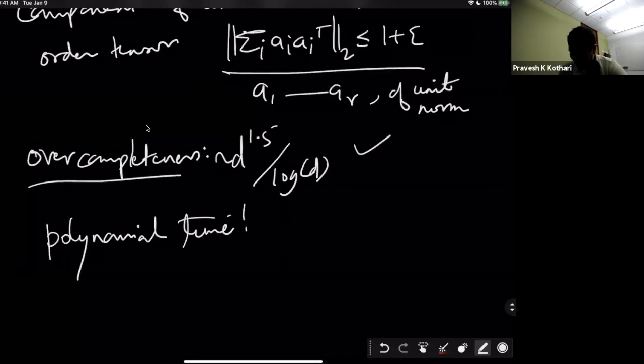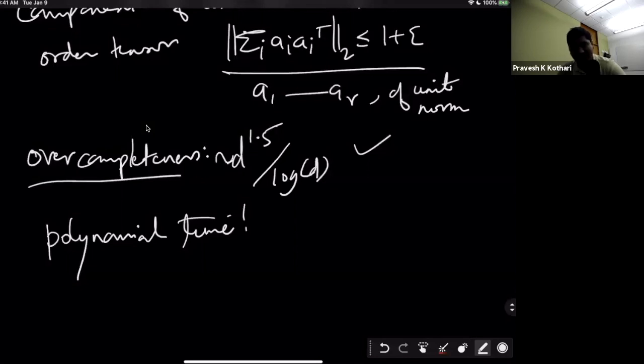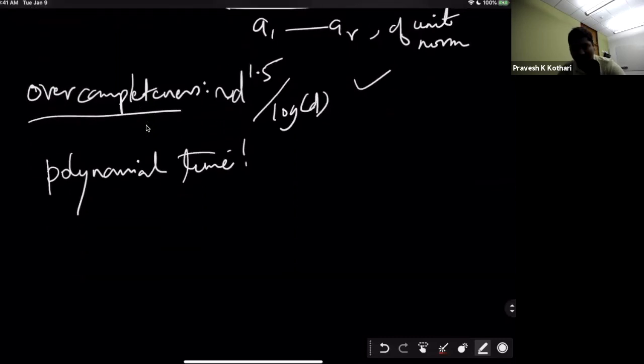I don't have that much time to tell you some super cool stuff, but the idea is that you don't use this particular rounding algorithm. Instead, you use Jennrich's algorithm as a rounding algorithm on pseudo distributions.